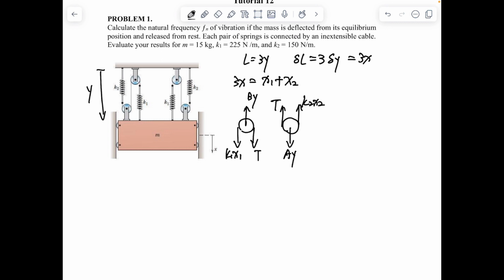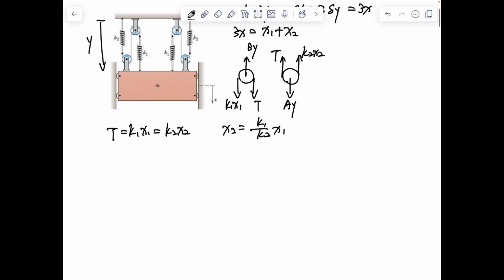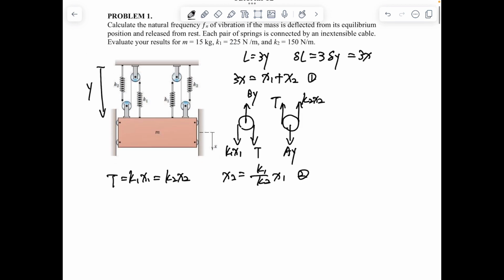Then we have T is equal to k1 x1, which is also equal to k2 x2. Then x2 is equal to k1 over k2 times x1. Here's our equation number 2. Here's our equation number 1.